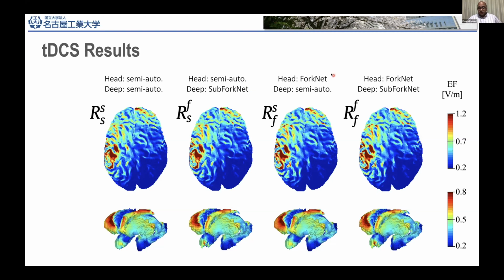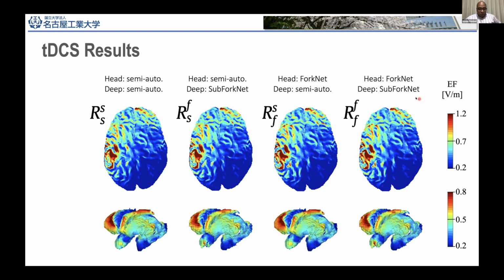On the third column from the left, the head is segmented by the ForkNet architecture and the deep region is segmented with the semi-automatic method. And finally, on the far right column, both the head region and the deep region are segmented by using the ForkNet and Sub-ForkNet architectures.